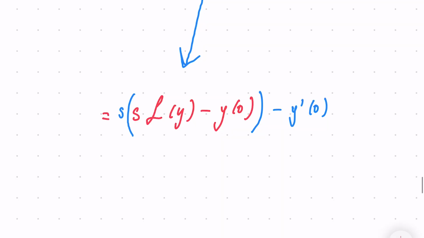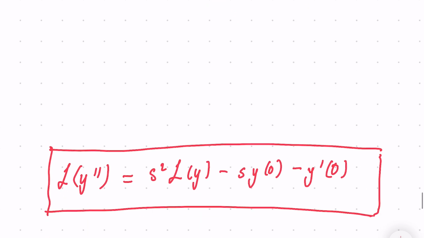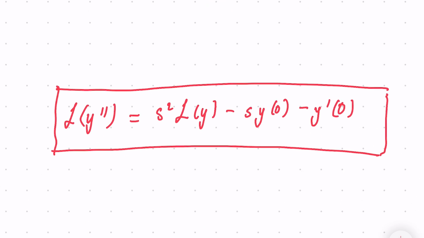I'm going to multiply it by s, and I'm going to subtract y dashed of 0, because that came from the second limit. So that's going to be s squared L of y minus s y of 0 minus y dashed of 0. And that is the Laplace transform of the second derivative.